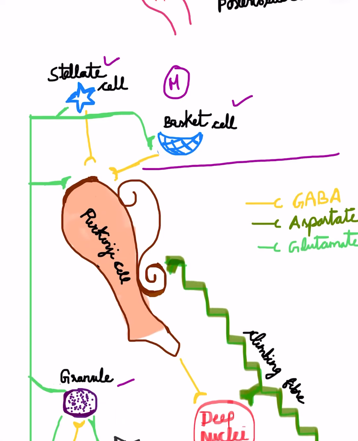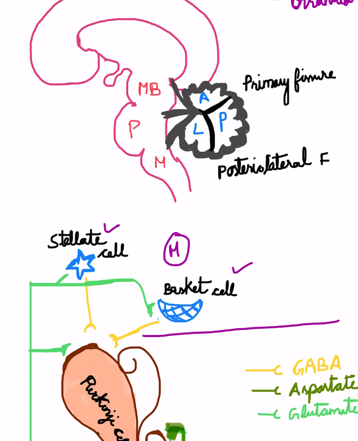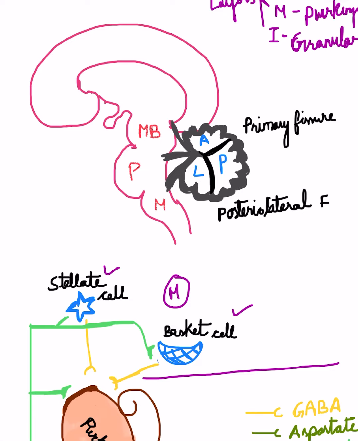Let's see the network which is present in the cerebellum. We have two afferents and only one efferent in the cerebellum. The two afferent pathways, two afferent networks, are with the help of climbing fibers and mossy fibers.